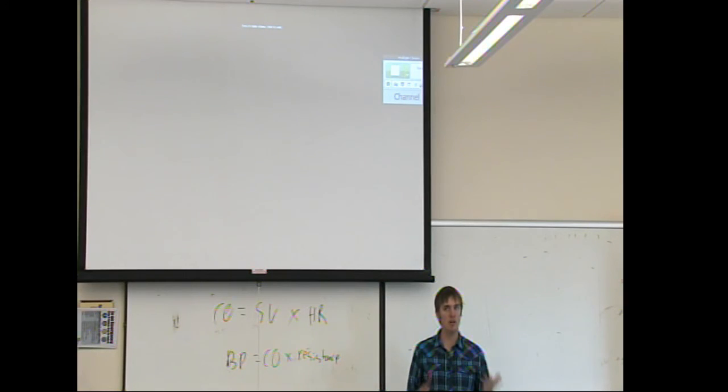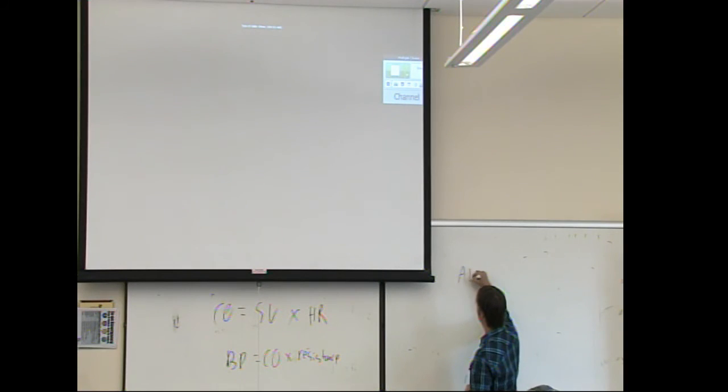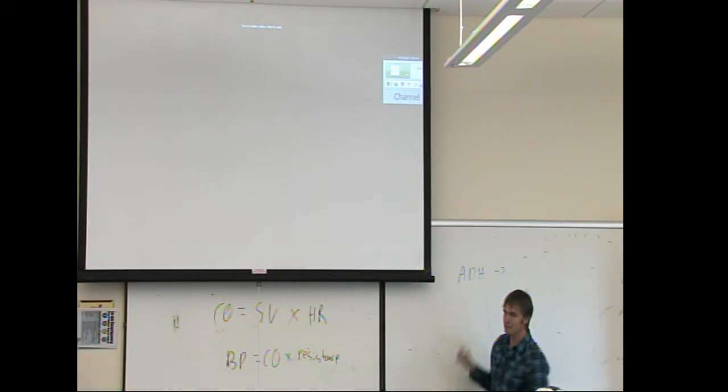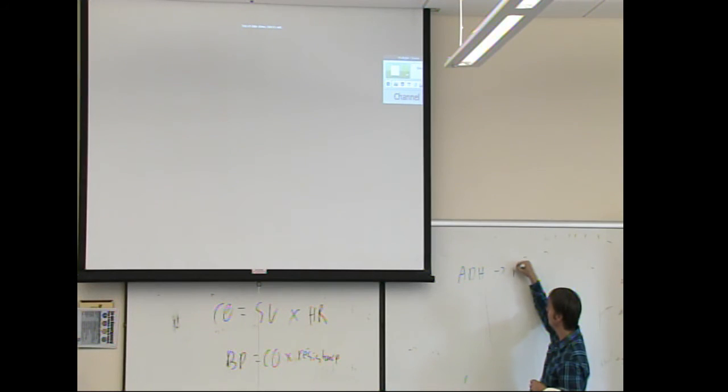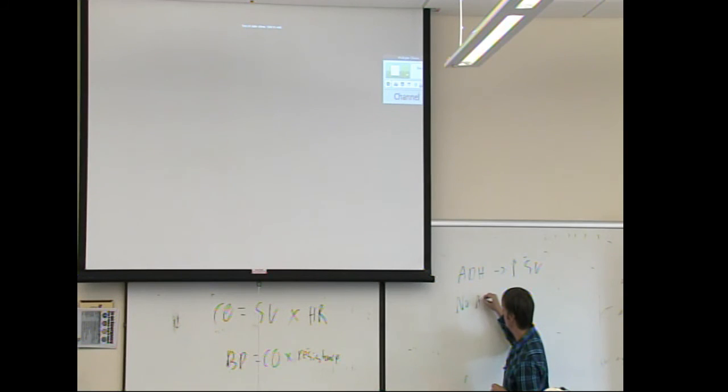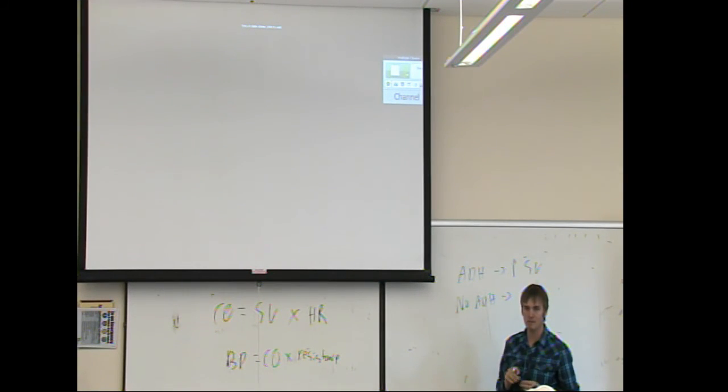Okay, so if you don't make it, all right, so what does ADH do if it's there? So increased stroke volume, no ADH. What happens to your stroke volume? No change.